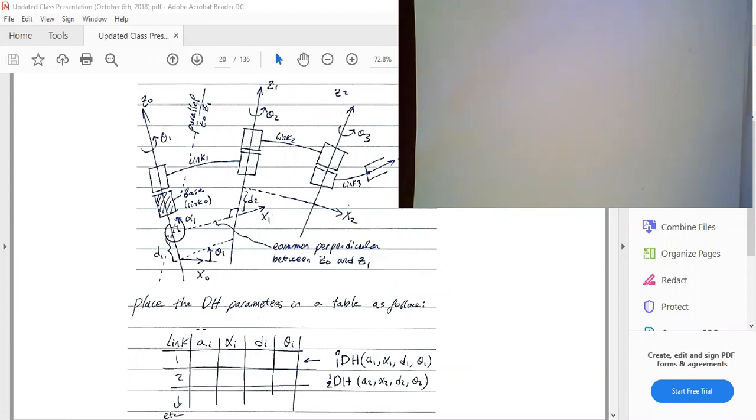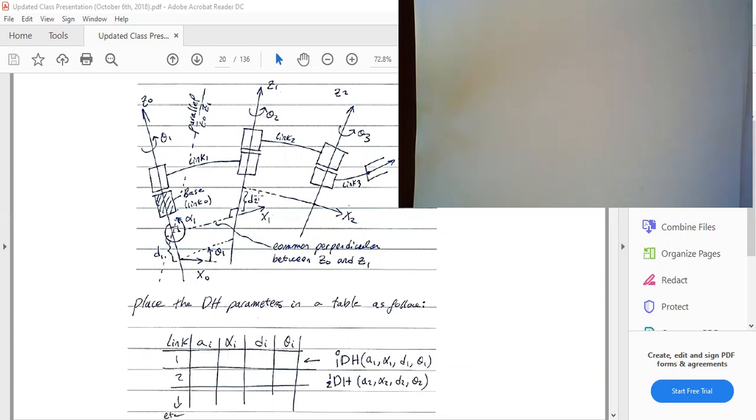So again, this is what I have here. Each link will have its DH transformation, and for link 1 you are obtaining the DH between 0 and 1. So if you know a1, alpha 1, d1, theta 1, the variable in that DH transformation is theta 1 if it is rotational, or d1 if it is prismatic.